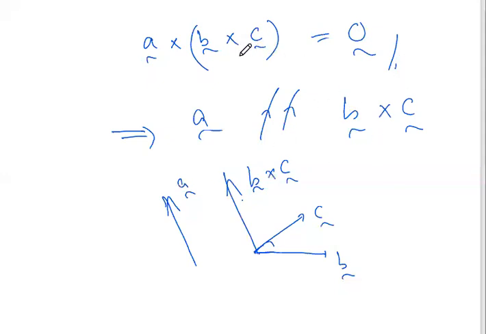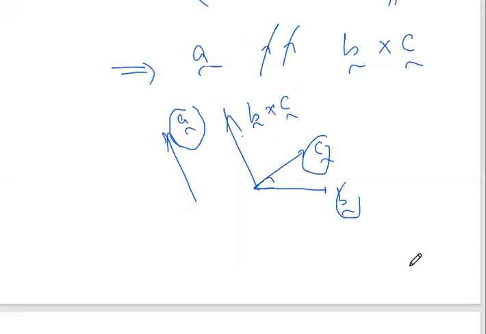Then you can say that A is perpendicular to both C and B. Yeah, we can say that vector A is perpendicular to both C and vector B. Got it?